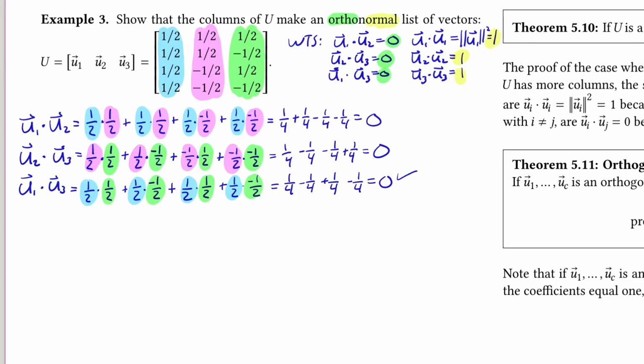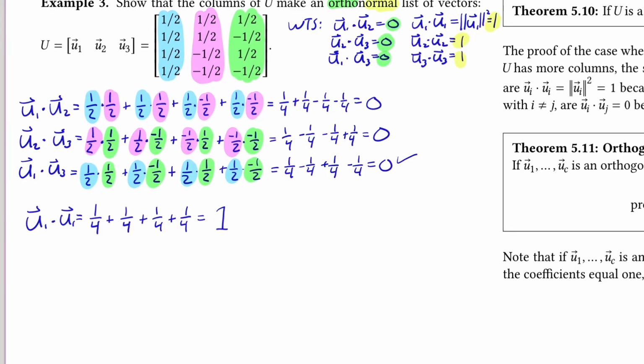Are they normal vectors? Are they length 1? Well, if you do u1 dot u1, you get 1/2 times 1/2, which is 1/4, plus 1/2 times 1/2 plus 1/2 times 1/2 plus 1/2 times 1/2, and that gives you all 4 quarters, which is 1. The same thing is true with the other ones.